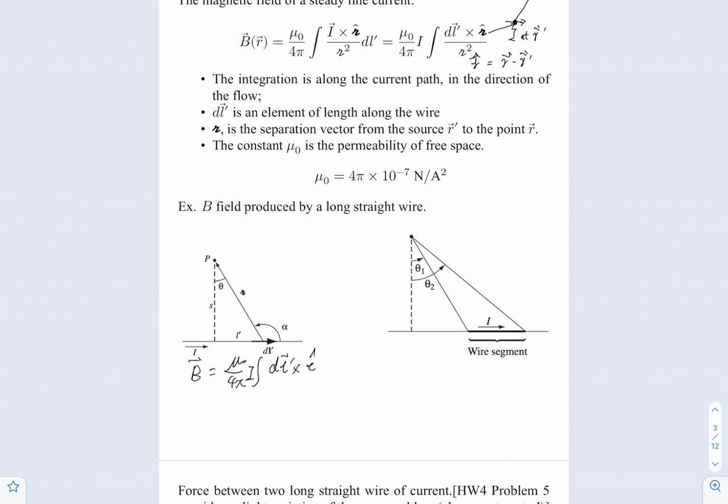These two elements define the direction of the magnetic field. Here the dl is to the right, and this separation vector is pointing upwards like this. So if you cross the two, the magnetic field must be pointing out of the screen.